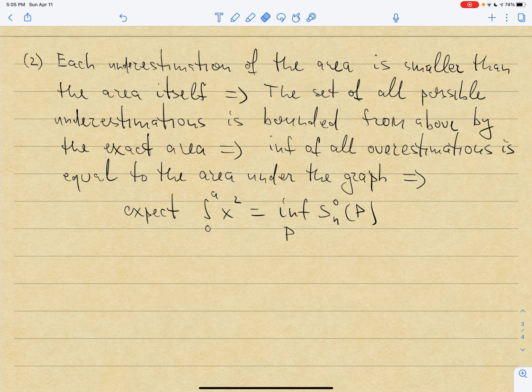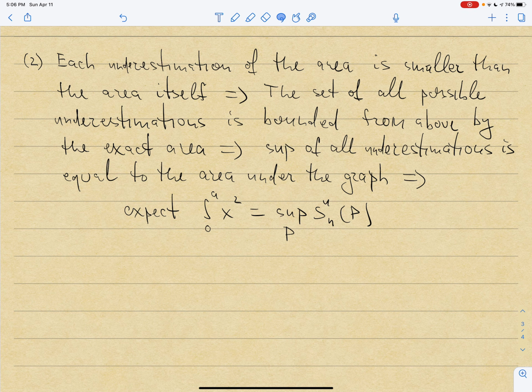In this case, I should expect that the supremum over all possible underestimations will be the exact area under the graph. So I would expect then not the infimum, but the supremum over all P's of underestimations by using this partition. I hope that this makes some sense, right?